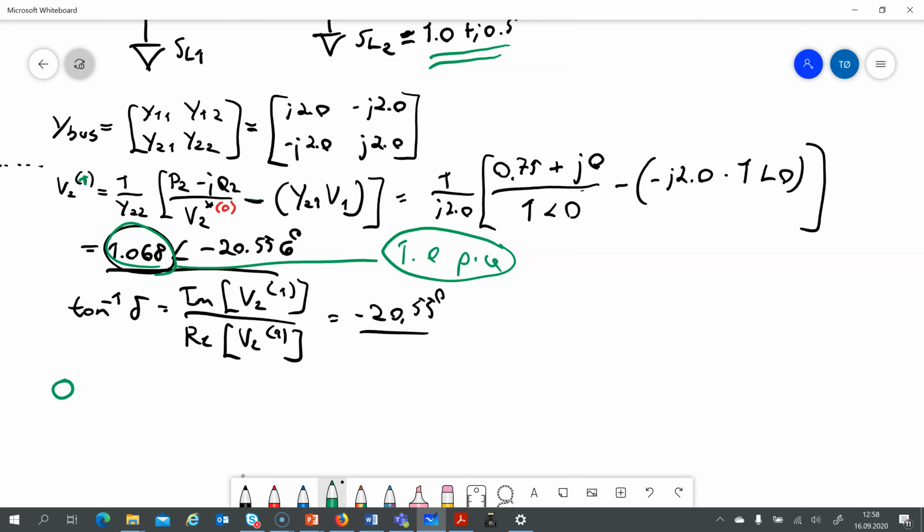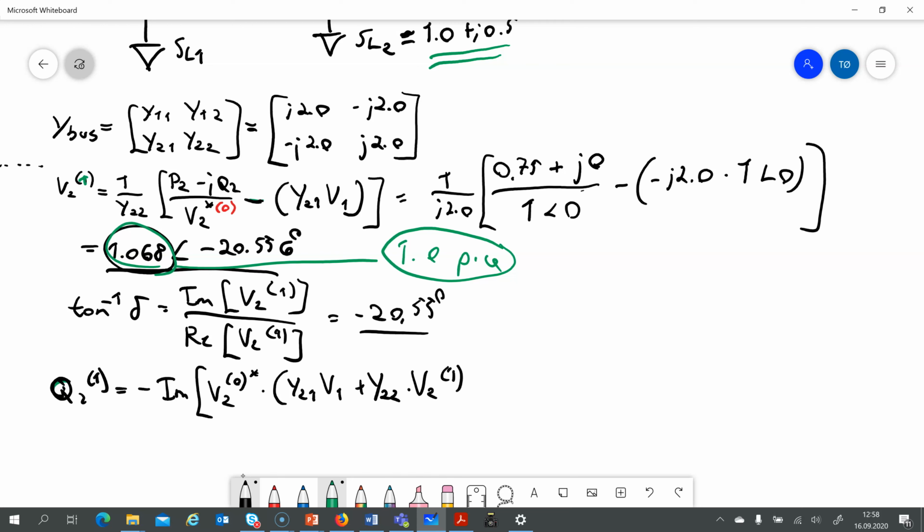We also now calculate Q2 of iteration 1. For that we take the minus imaginary value of the whole expression: V2 of 0 complex conjugate times Y21 V1 plus Y22 V2 of 1.